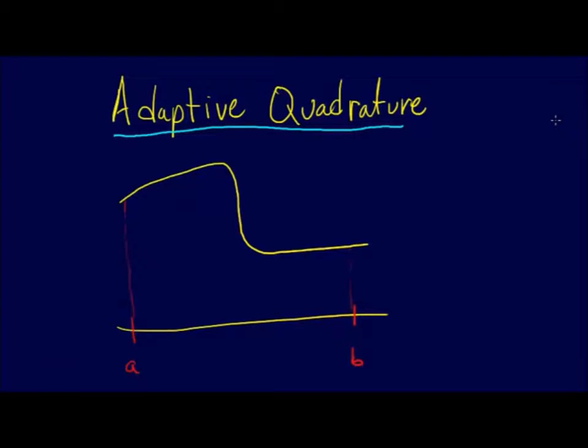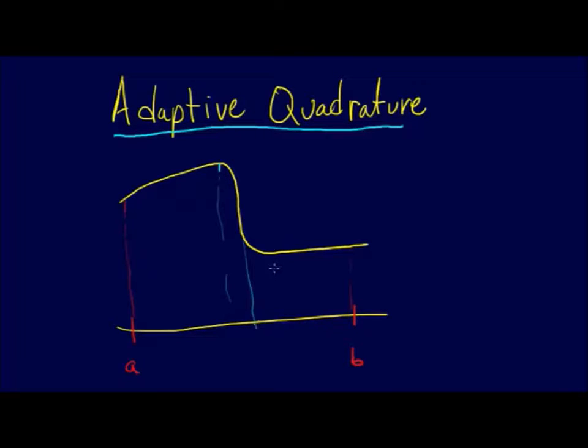The other methods that we've talked about so far have always used equally spaced points. And so I've drawn a function here so you can see an example of when that might not be a good idea. We have this function that is relatively unchanging for a period of time, and then it changes rapidly, and then it doesn't change again. Well, if we use equal step sizes, then we're going to have to use a small enough step size that we can capture this behavior in here.